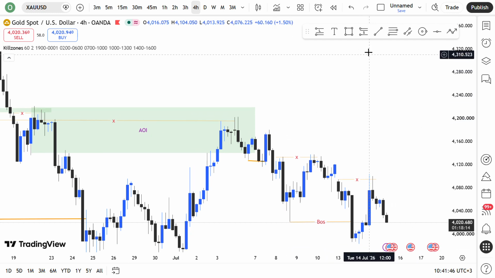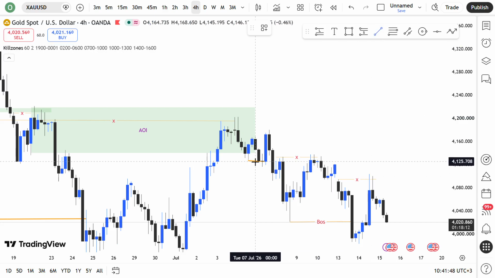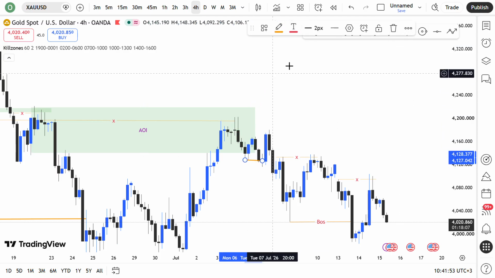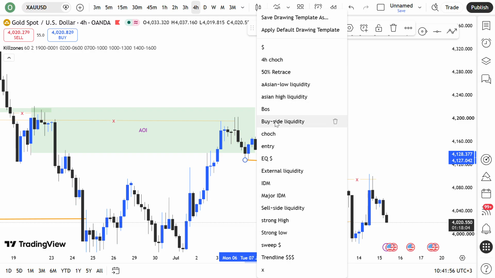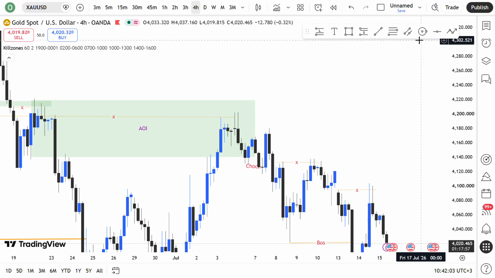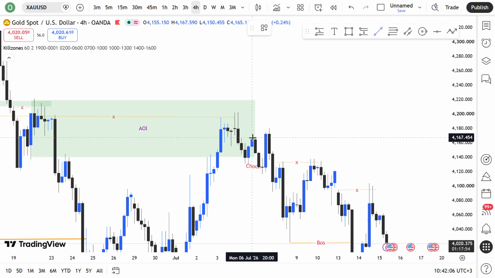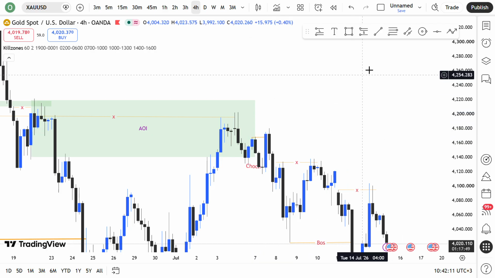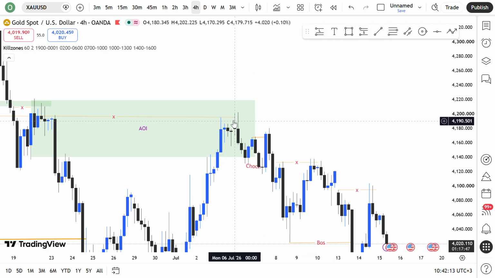So after players gave us this change of character, we can see clearly that we have shifted from a bullish momentum into a bearish momentum. So we are going to execute this. We can see that there is a shift. There is a sweep of liquidity before price gave us a clear entry from this order flow.